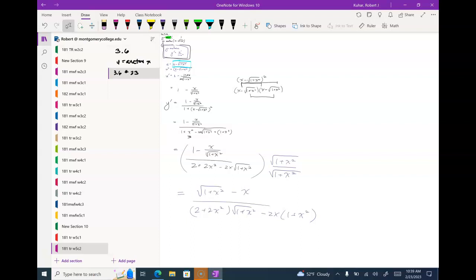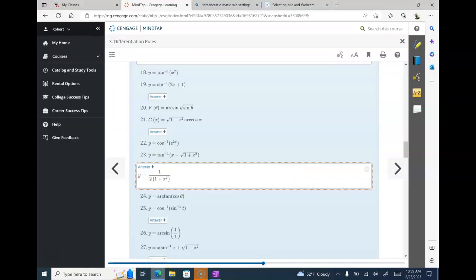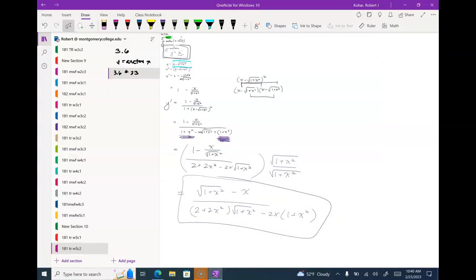Yes, I took it out of the root, and then I combined it with this. It's just looking horrible. Look at that answer again. So I'm going to stop doing this. I'll work on it later and try to get it right, but you should keep working on it. I think I need a conjugate.